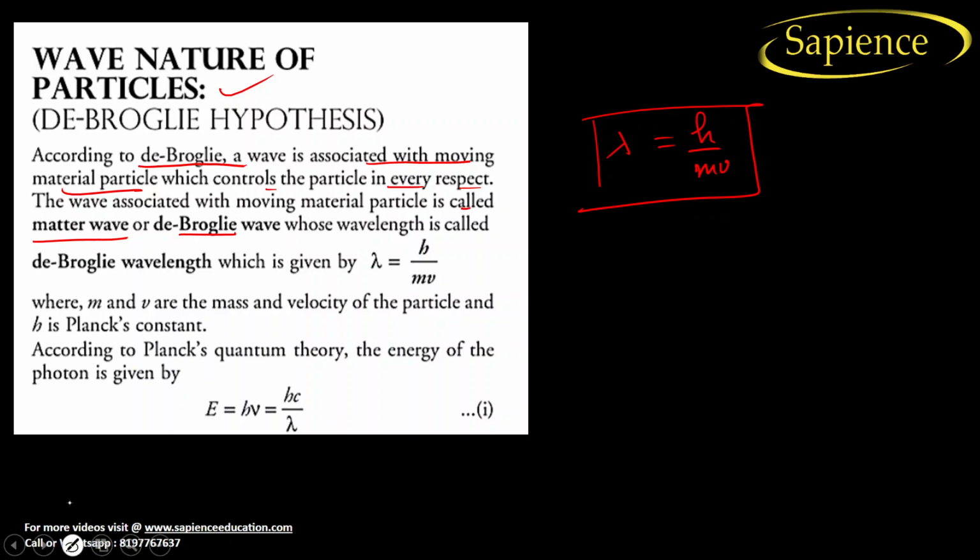Now, as per Planck's quantum theory, the energy E is equal to h, that is Planck constant, into frequency nu, and v is your velocity.